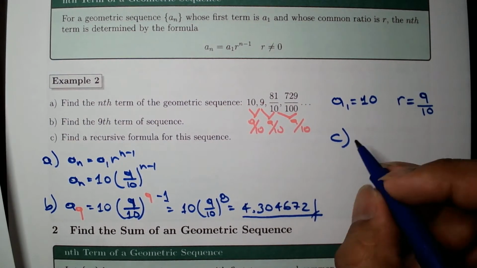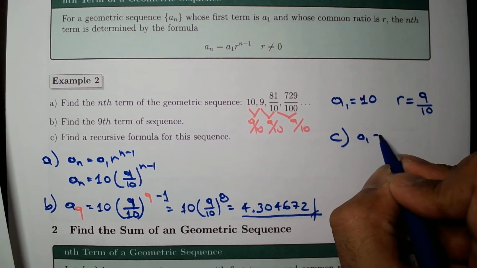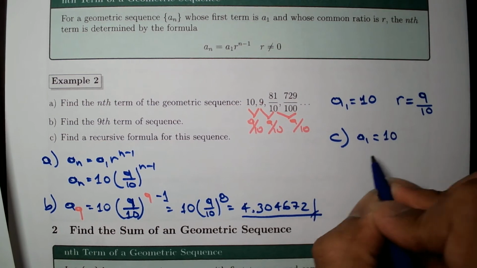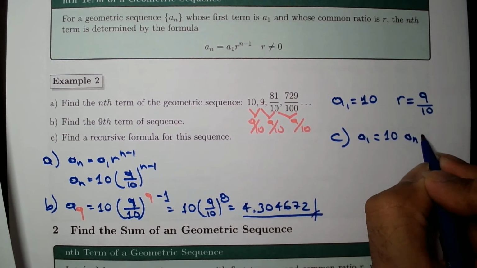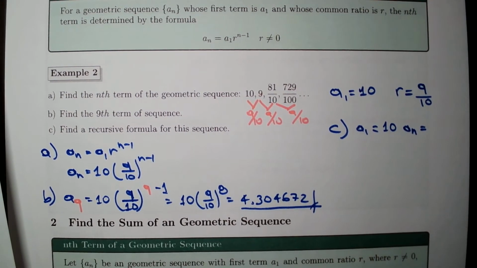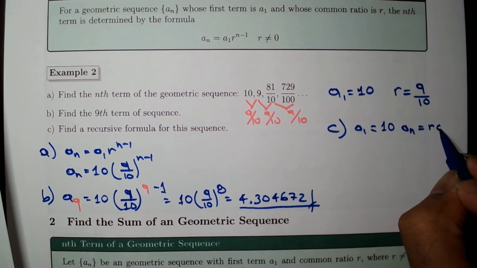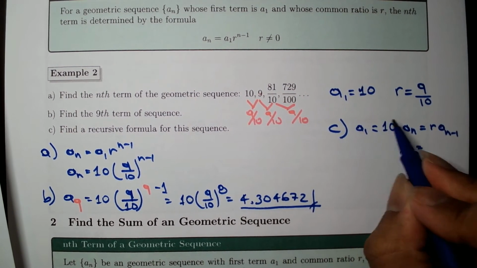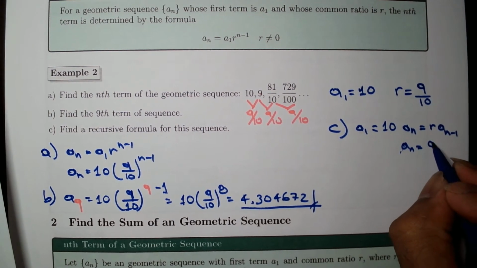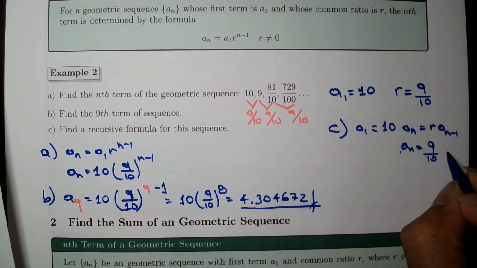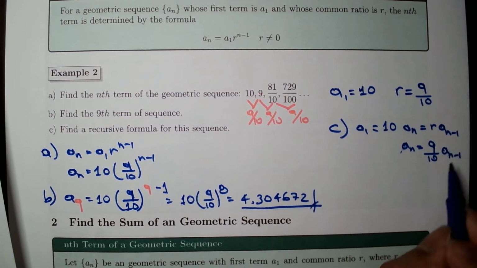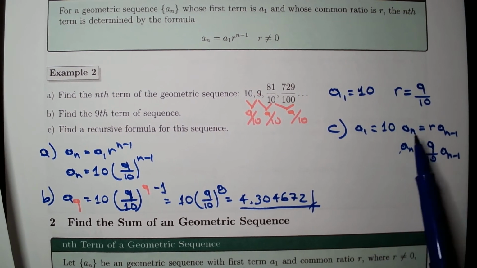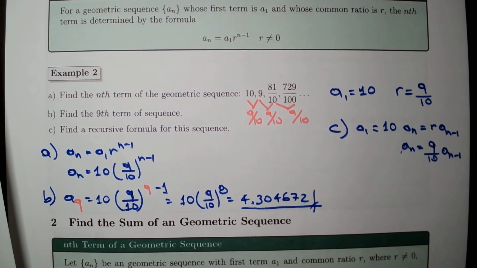All right, so letter C, a sub 1 equals 10, and then a sub n equals r times a sub n minus 1, which is 9 over 10 times a sub n minus 1. And that's the first term and then the recurrence formula for this.